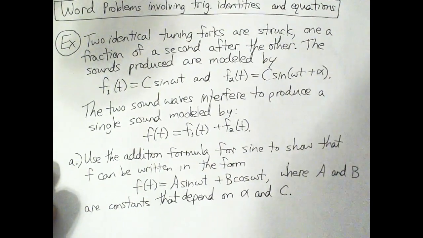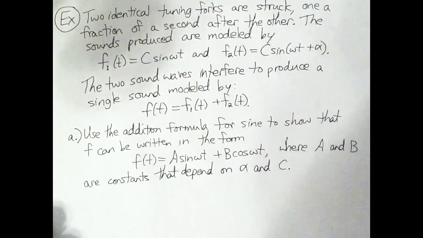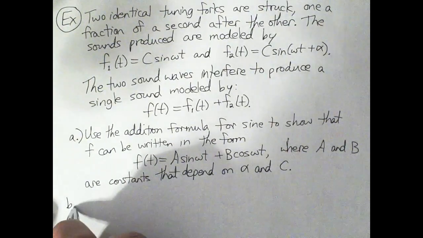That's going to be our first part of this question. There's going to be a second part. I think we'll be able to fit the whole question on the screen at least.